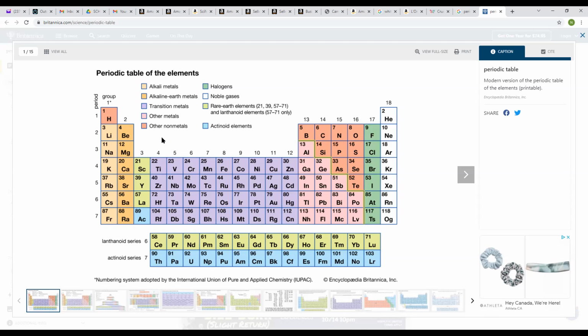Chloride has now accepted the electron from sodium, so sodium becomes Na plus and chloride becomes Cl minus. By having this extra electron, chloride has 8 electrons in its outer shell. So now they're happy. Now they are in this ionic bond. Now you have sodium chloride. They both have achieved a stable octet by forming this ionic bond.